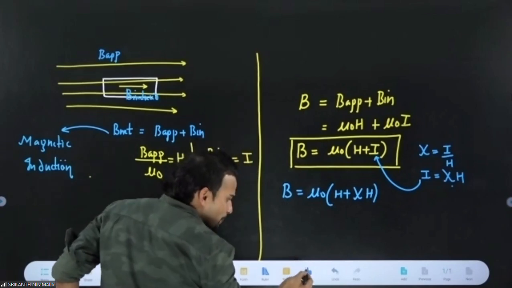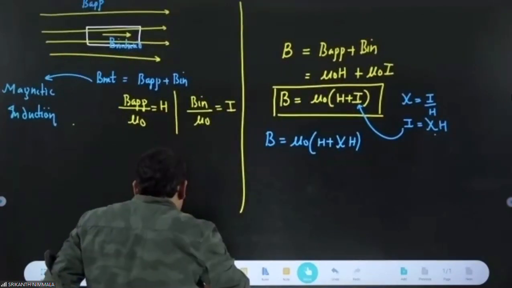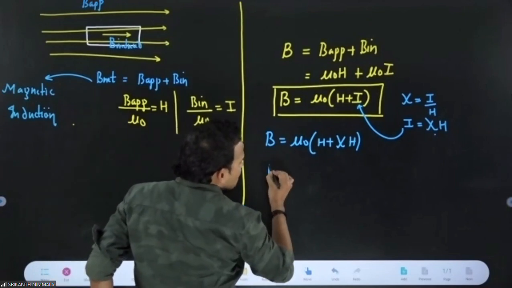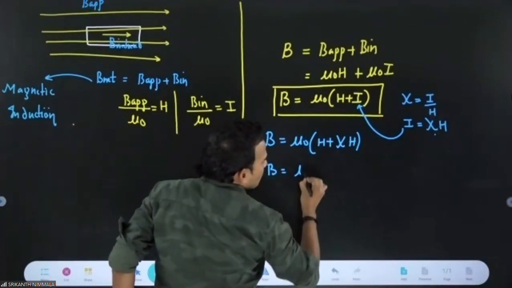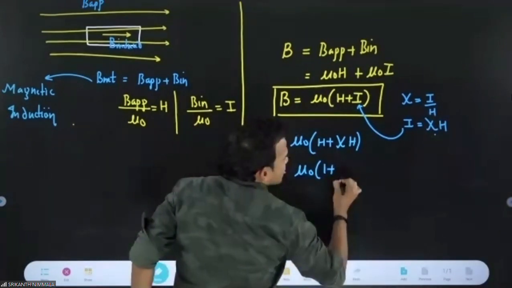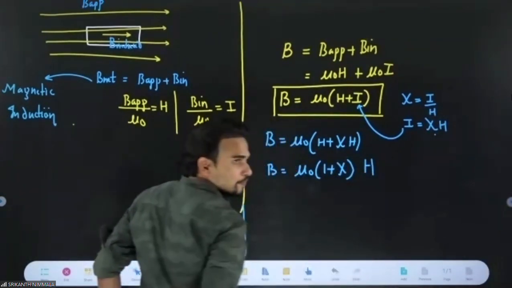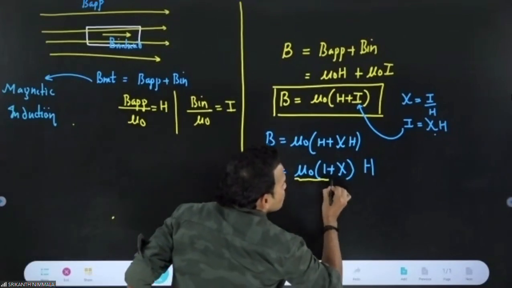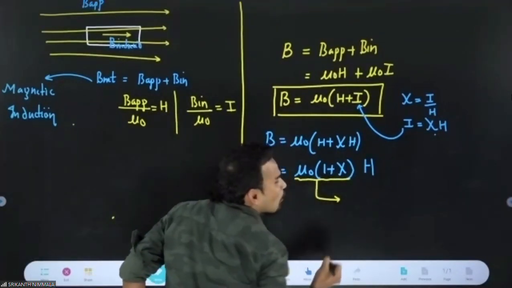Now be 100% focused. Something very important I am moving towards. From here you can write, again, you can take H common. So this will become mu naught into 1 plus Xi into H. And this quantity which you are seeing here is known as permeability of a medium.